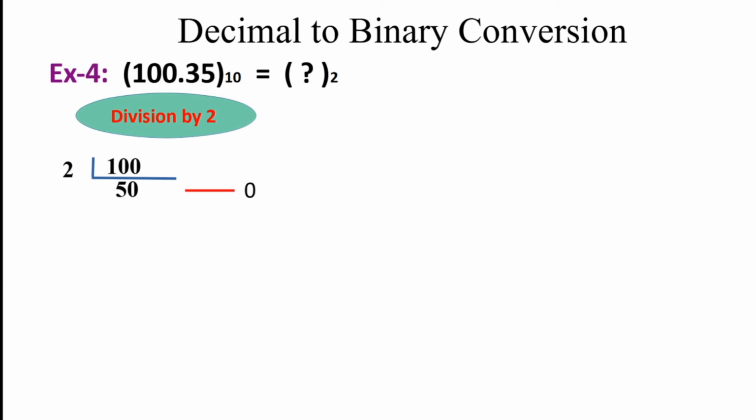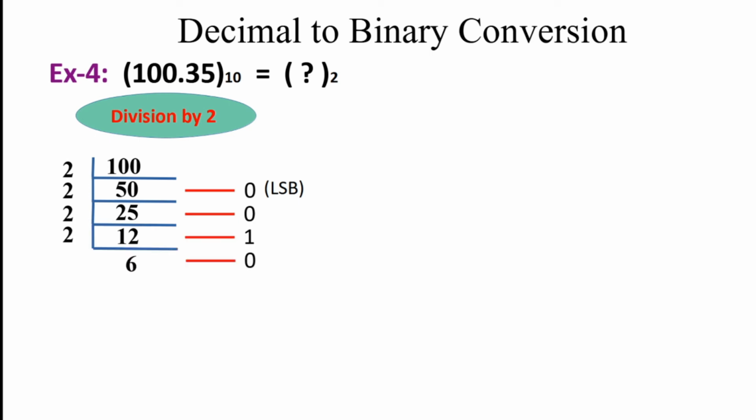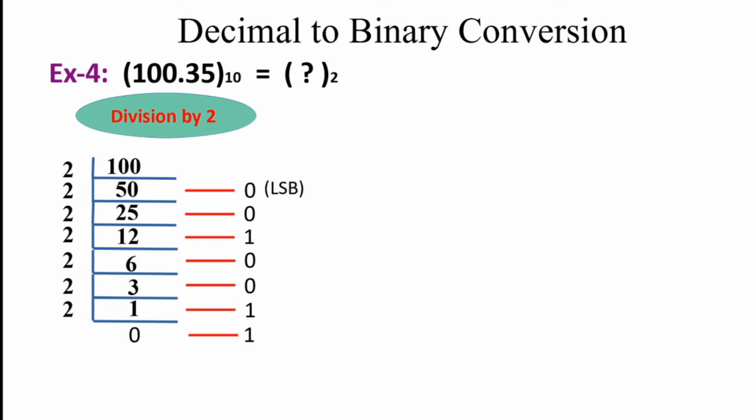If we follow this, then 0 will be the LSB, and by following the repeated division by 2, we will get it. Here MSB is 1, and we have to read off. So the binary equivalent of 100 will be 1100100.